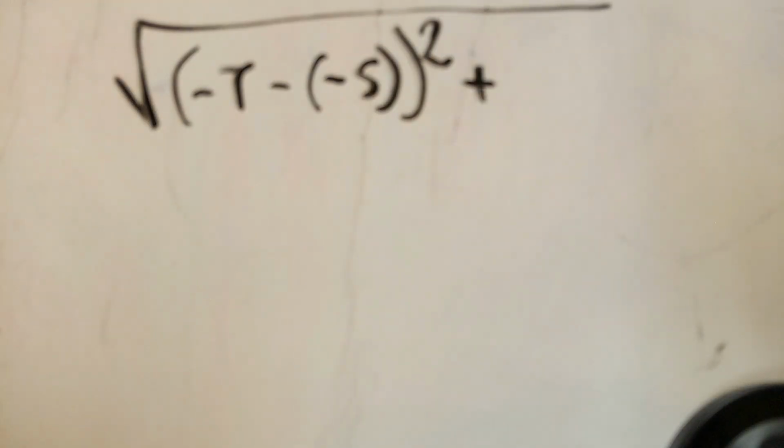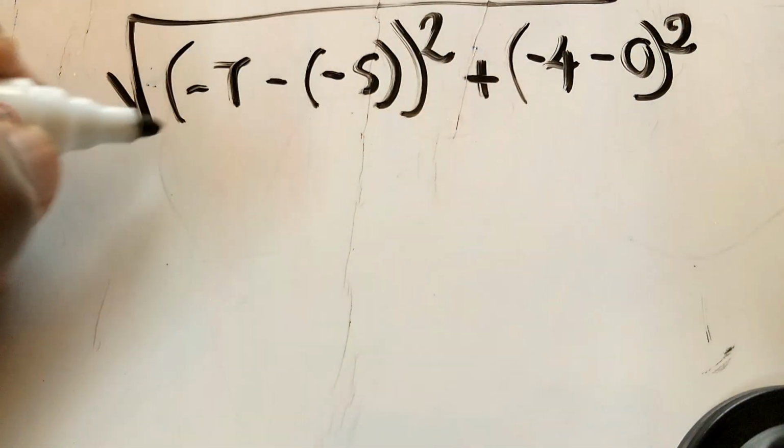When we substitute, it will just be like this. Our x2 was negative 7, so I can say negative 7 minus our x1, which was negative 5. So we'll say minus negative 5. Our y2 was negative 4 minus our y1, which was 0. So we're going to square that.